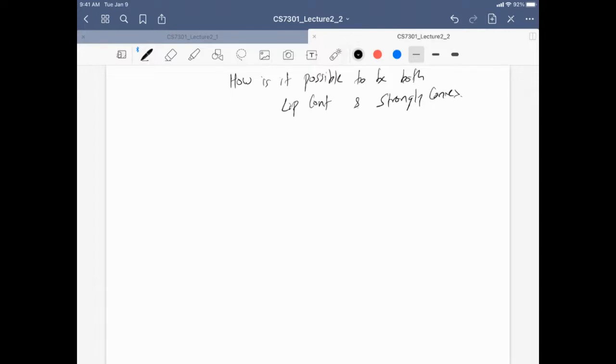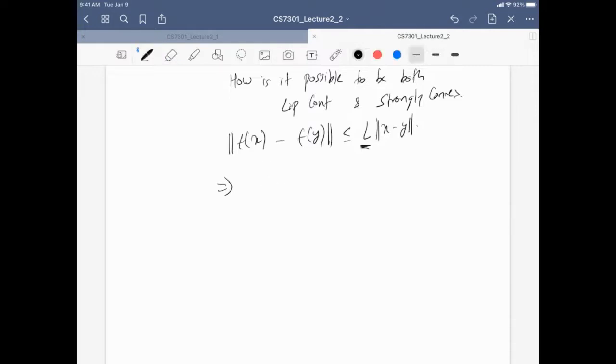So basically recall that Lipschitz continuity requires that f of x minus f of y, right, is less than or equal to L times x minus y, right? So now what I can do is that if my x is bounded, right? So okay, so maybe another way to view this is also by taking the subgradient.